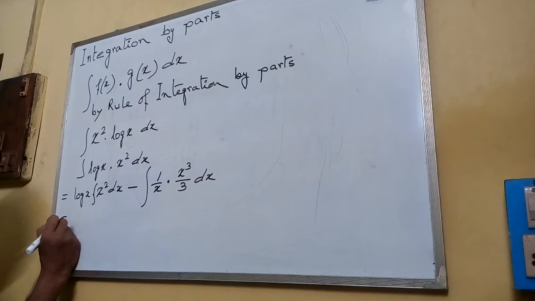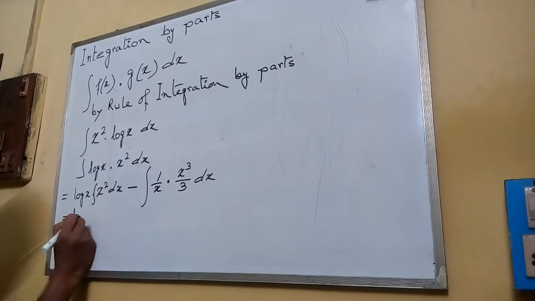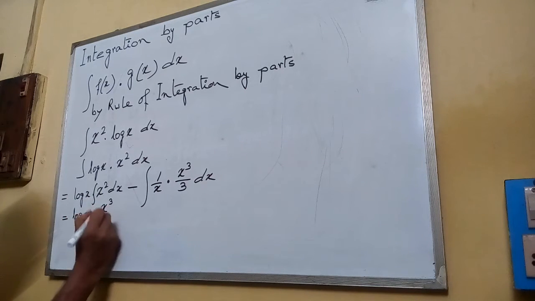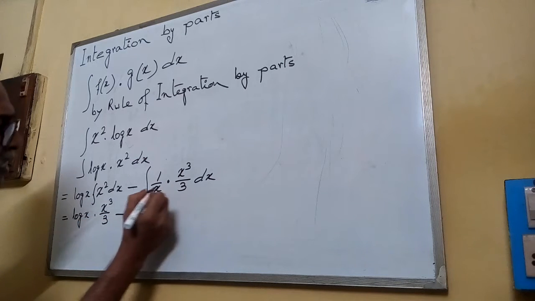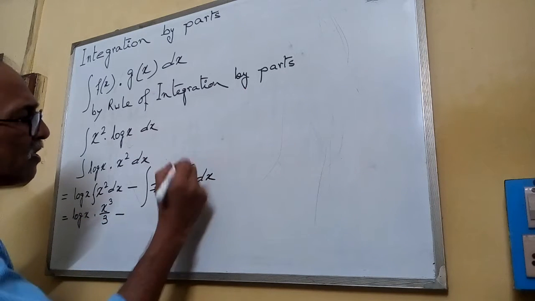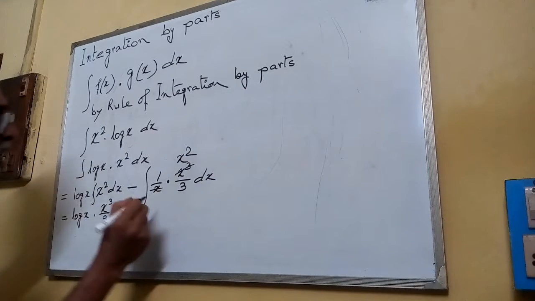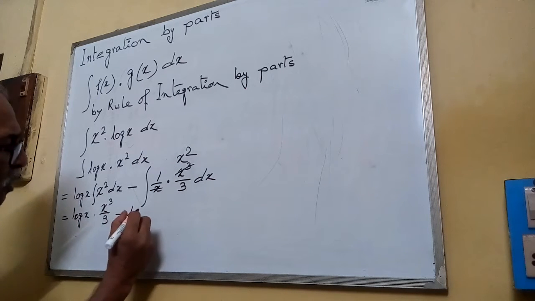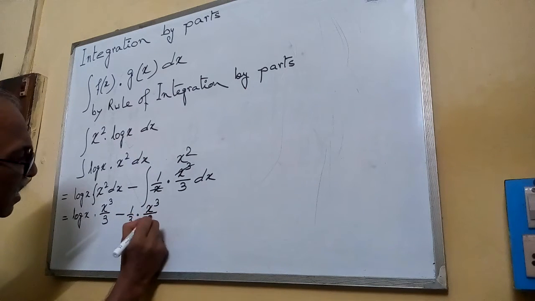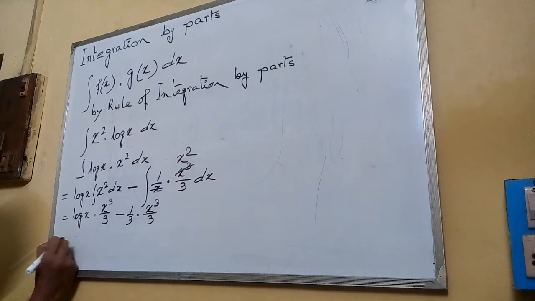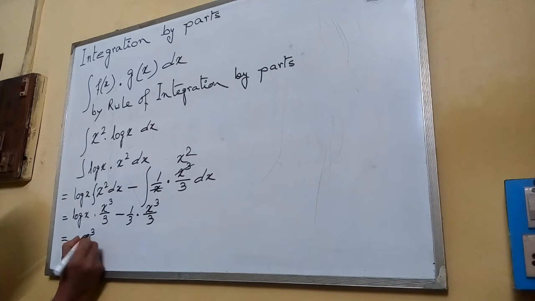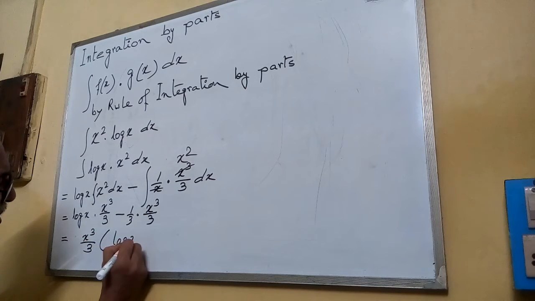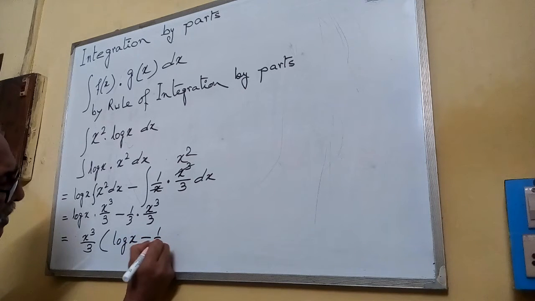So this becomes log x into x cube by 3, minus, here you can cancel x and x cube, it becomes x square. So minus 1 by 3 into the integral of x square, which will be x cube by 3. So if we take x cube by 3 common, then it becomes log x minus 1 by 3.